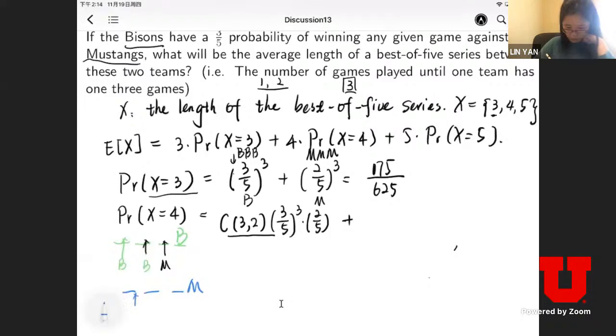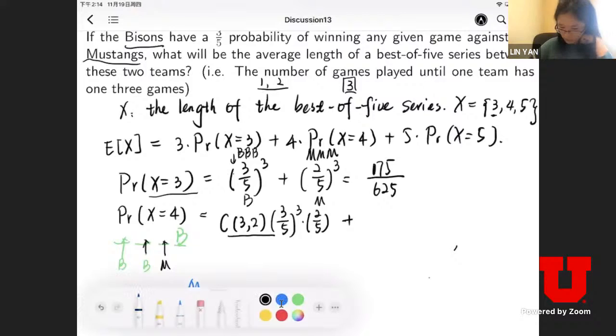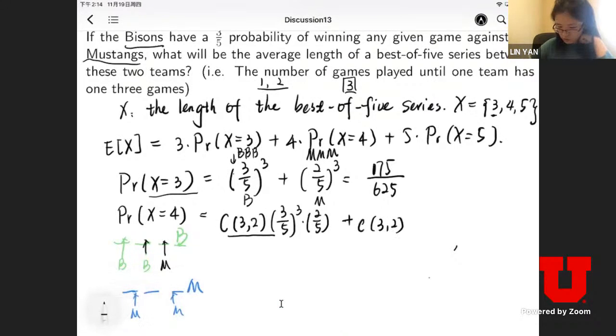So we still need to choose 2 places to put M on, and then it should be 3 choose 2 times (2/5)^3 times 3/5. This item is because we still need to put a B in this case.